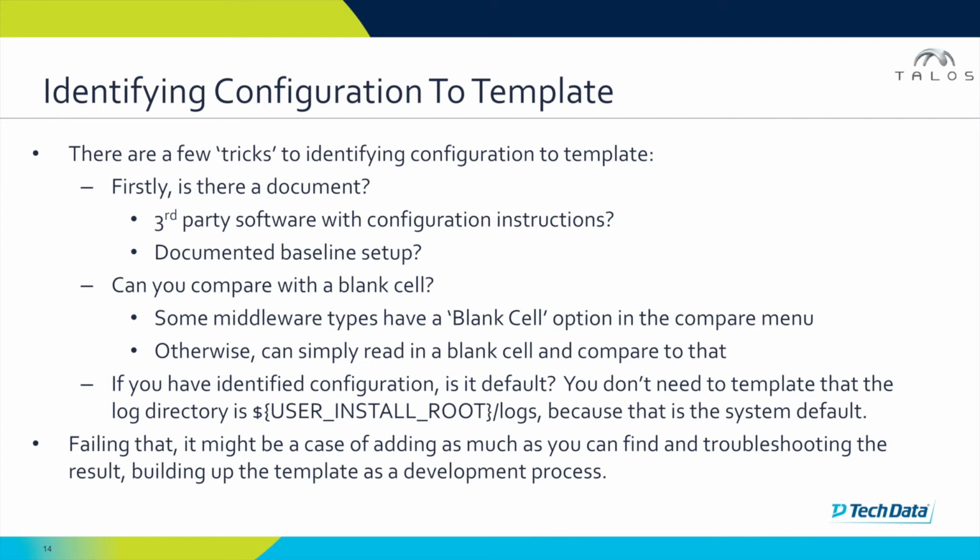So failing that, the last port of call is simply add as much as you can find in terms of the configuration through compare mode or through documentation, and try it. Just build out the process and run the configure, and then troubleshoot the result. If the application isn't right, if it's not talking to a database, if it's looking for a queue that isn't there, then obviously they're indicators that some configuration has been missed.